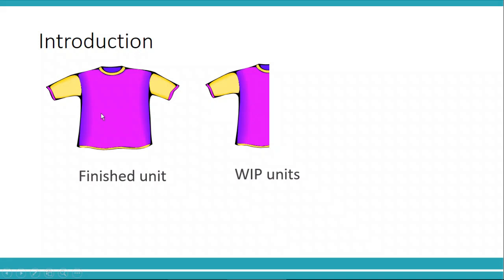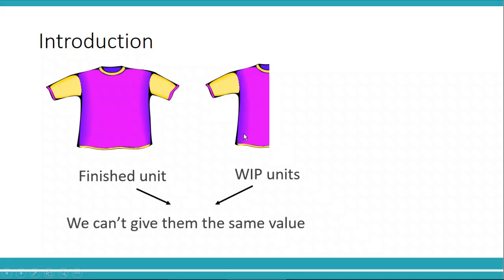You may have one full shirt and one half shirt. This is your finished unit and this is your work in process unit. They both do not have the same value. The value of this unit definitely is more than this one. So we cannot give them the same value.